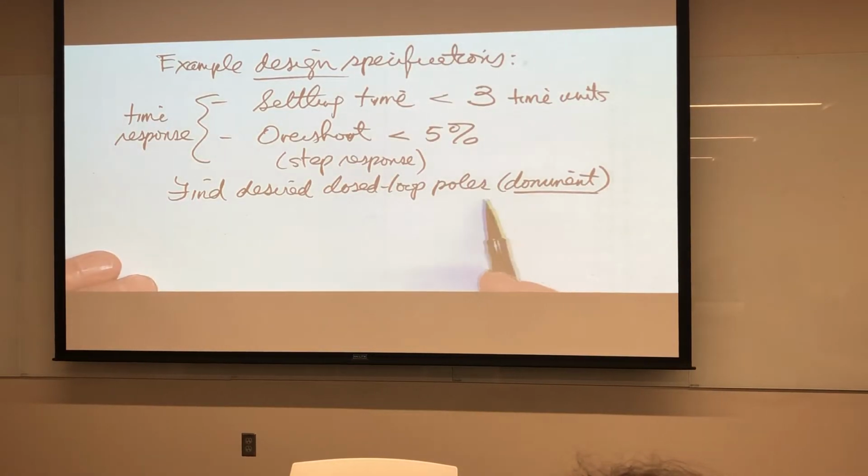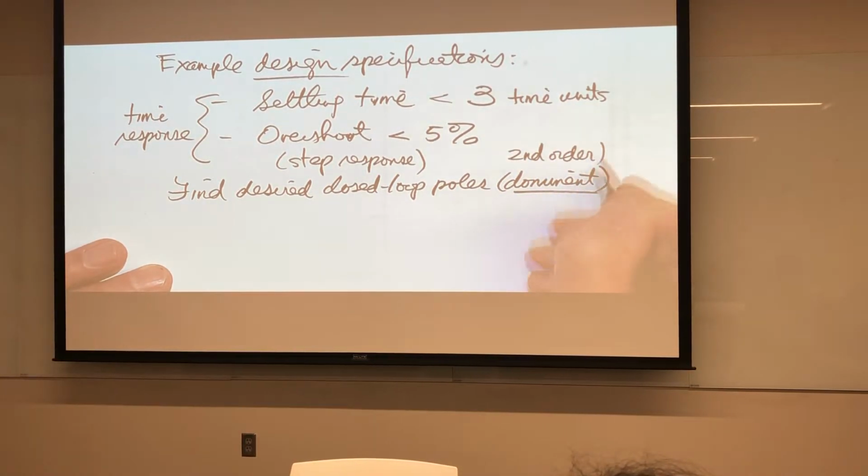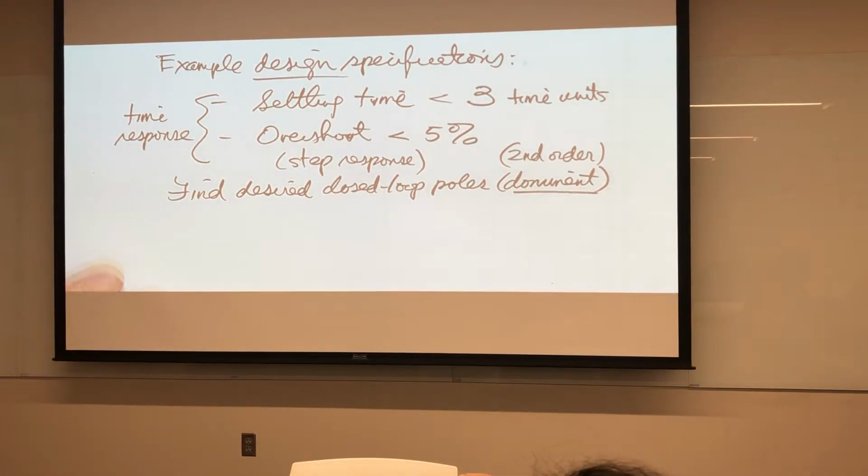So we're going to find desired closed loop poles, dominant, second order. We know fully that this is a higher order system. But that's what we do in engineering. We use the tools with what we have and try to do difficult problems.